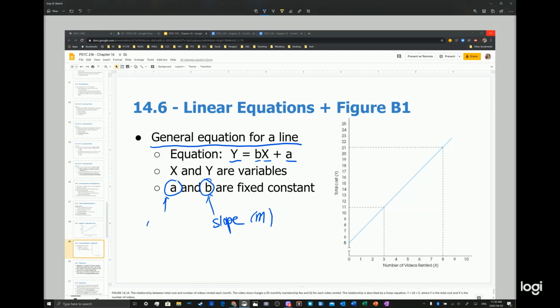A is the y-intercept, which you should remember, given the assumption that you would know this formula for this course in the first place. Now we get to use it. X and Y are the variables. So here's X and here's Y. This point right here, when X is equal to 0, that's your y-intercept. That's your A. And B is that slope.